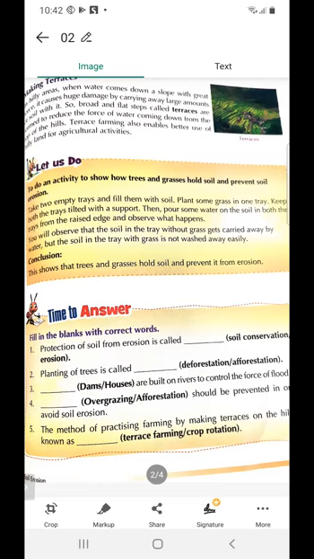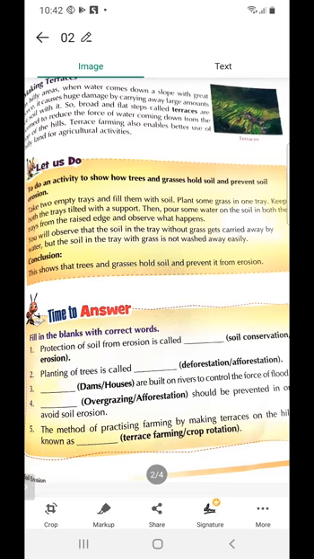In the first case, in which grass is present, the grass holds the soil very tightly and it is not carried away.